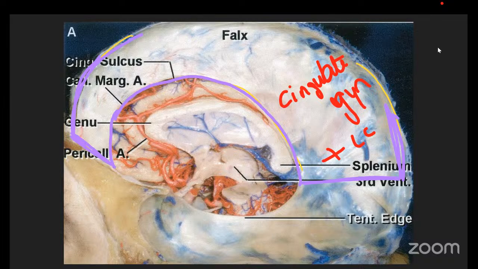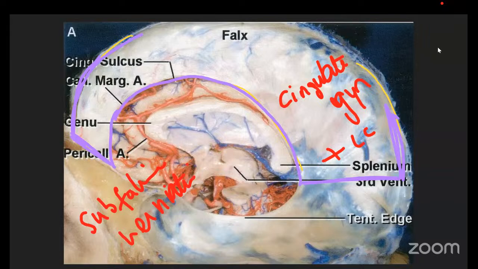What does this mean for patients with raised ICP? I'm sure you all know it's just a twisted way of this question. That's right. We have subfalcine herniation, which occurs because the falx is short on the inside. Let me write it here. I'm going to clean it up later on. So subfalcine herniation can occur here in this region with significant impact on the branches of ACA, ACOM, and the cingulate gyrus.